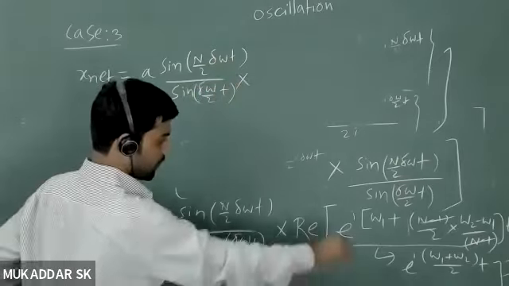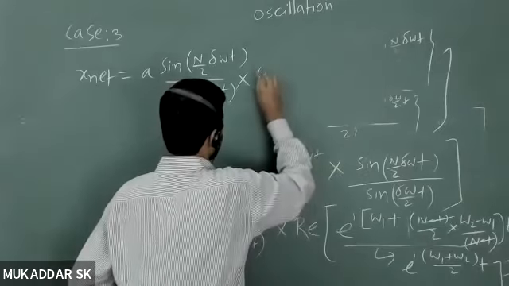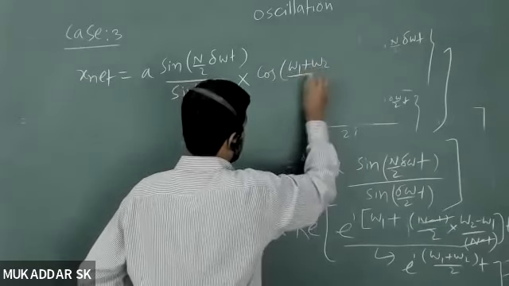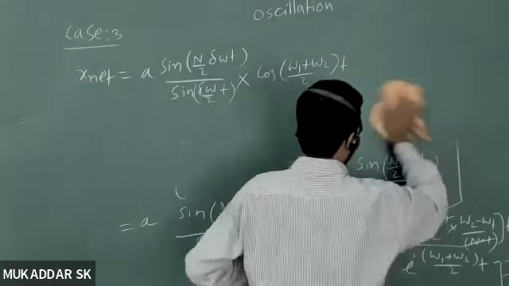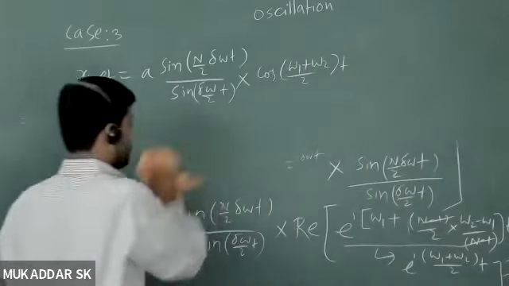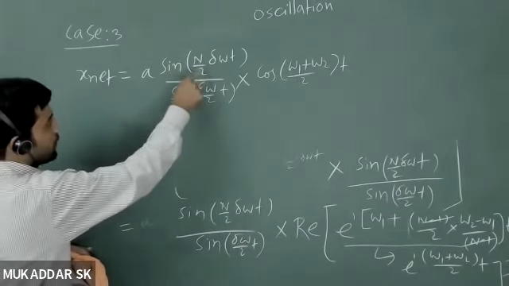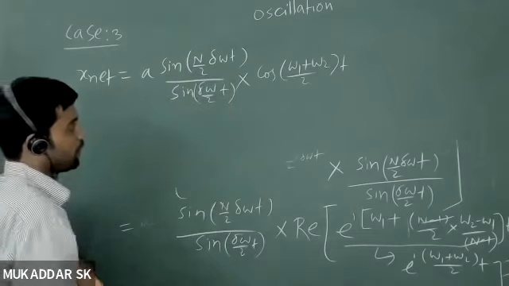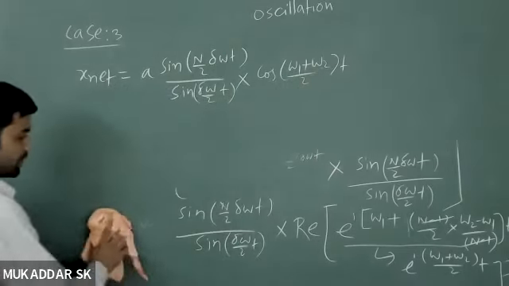And of course, the real part of the other function is nothing but cosine of omega 1 plus omega 2 divided by 2 into t. So this is your net displacement, or net outcome, of the addition of n number of oscillators. So x net is a sine of n by 2 delta omega t divided by sine of delta omega by 2 t, times cosine of omega 1 plus omega 2 divided by 2 into t. So this is the net displacement.